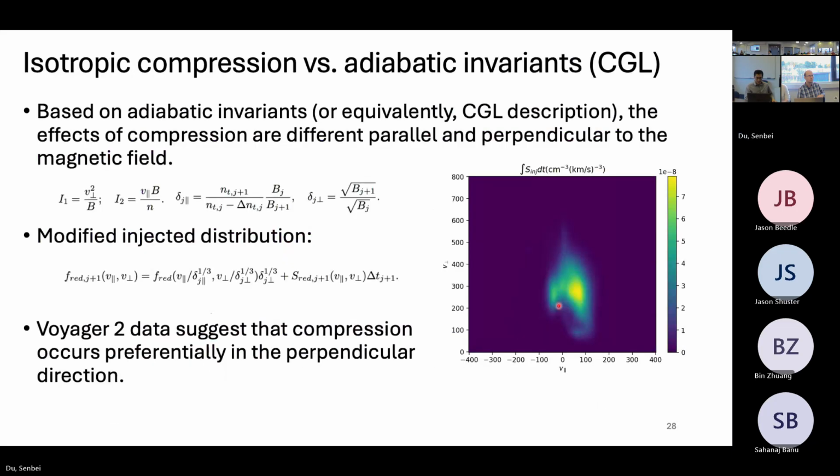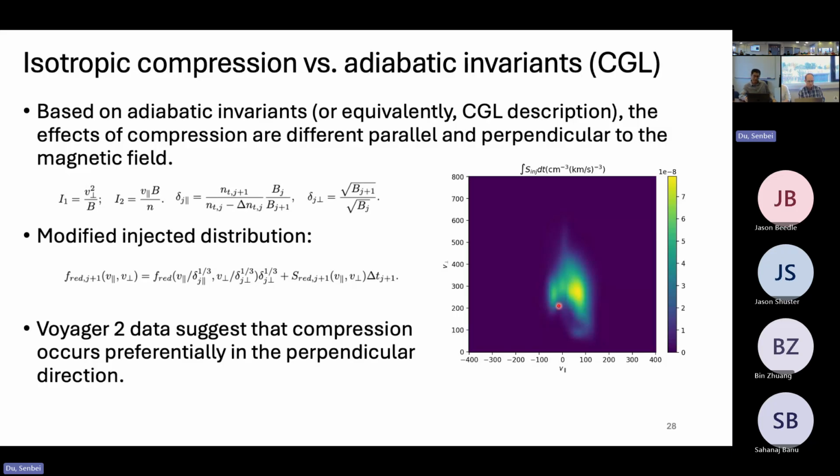And since we are considering anisotropic injection, we should also consider the compression with the anisotropic effect. So that's just based on the adiabatic invariance or the CGL description.